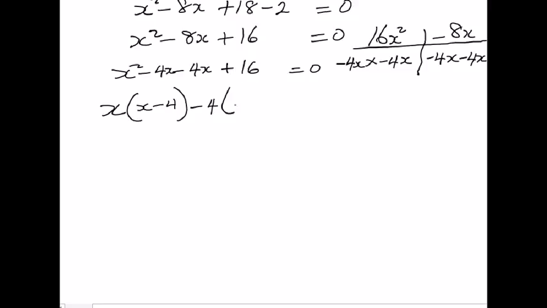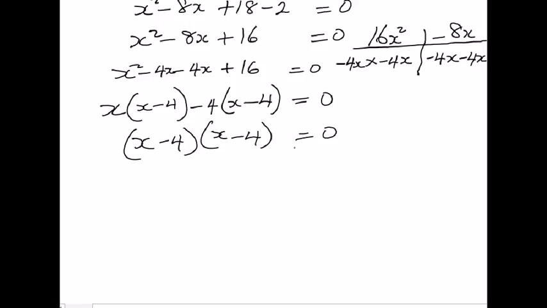You have minus 4 into bracket x minus 4, minus times minus will give us plus, minus 4 times minus 4 will give us plus 16, equals 0. So we are going to have x minus 4 and x minus 4, because those in the bracket are the same. So, another one, this one that is outside, x minus 4, equals 0.